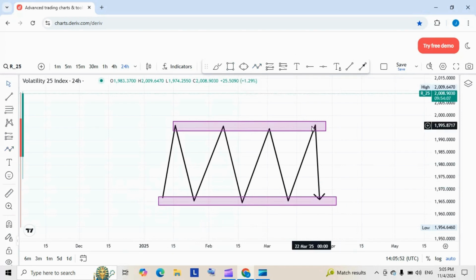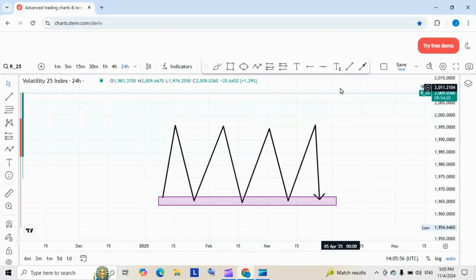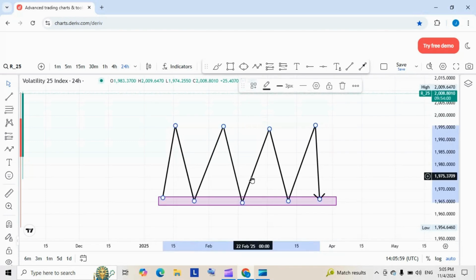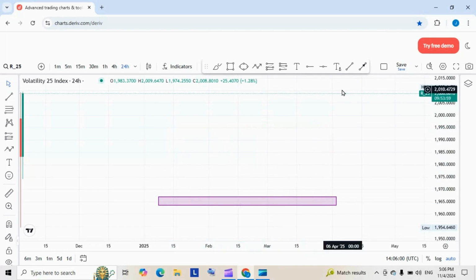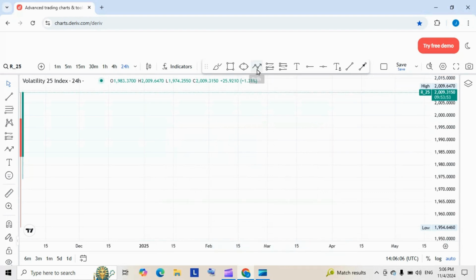So now let's come to the main stuff of this video, which is change of character. In order for you to understand change of character, you need to understand your market structure very well. Okay, you need to understand the market structure. Now we already know when the buyers are in control, you are going to see higher high, higher low, right?